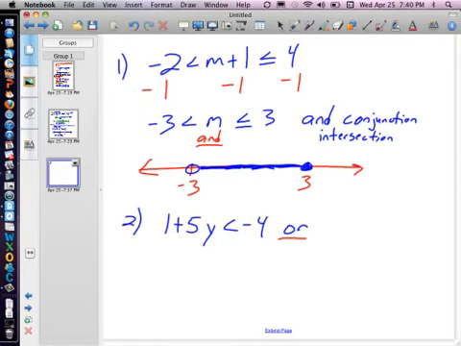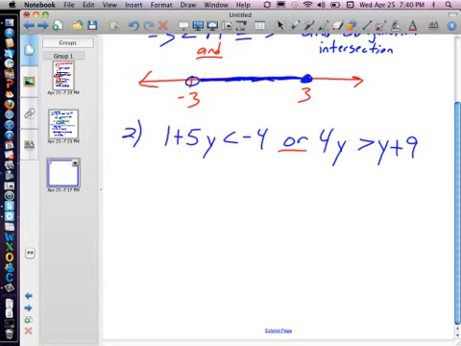But the one we're working on now is an OR statement, and 4y is greater than y plus 9. Unlike the AND statement above, you have to solve these separately.